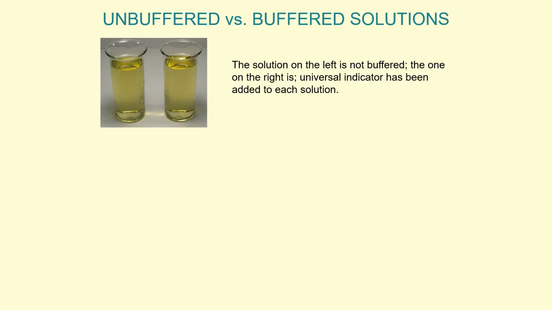So here's just another example. The solution on the left is not buffered, and the solution on the right is buffered. They're both pH 7 right now because they both have universal indicator added. That's why that yellow color means pH 7. But one side is buffered and one side is not buffered.